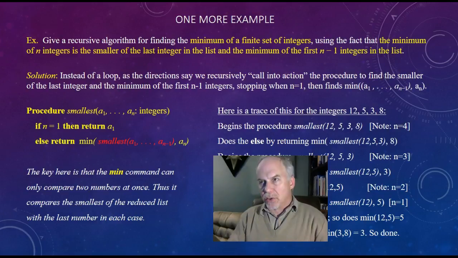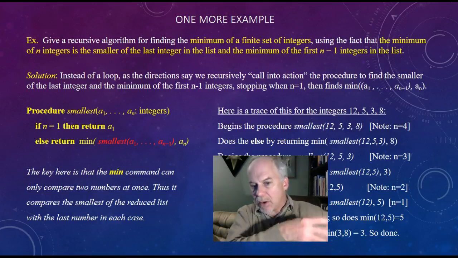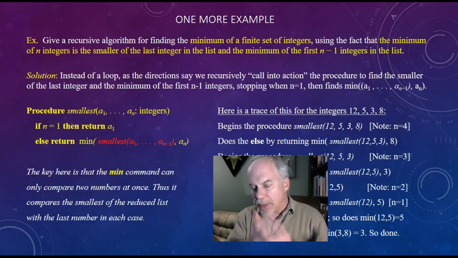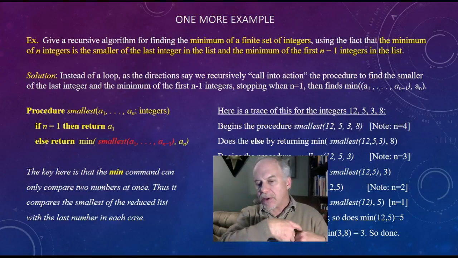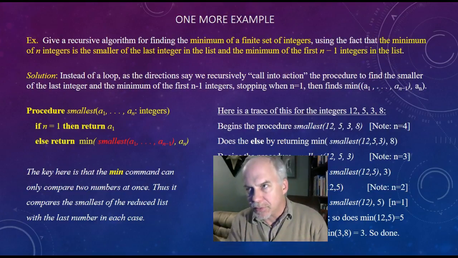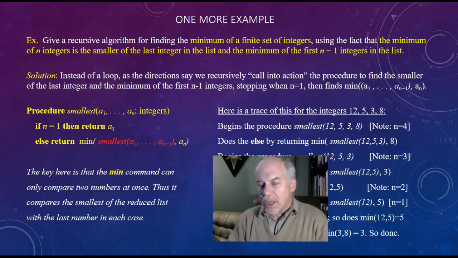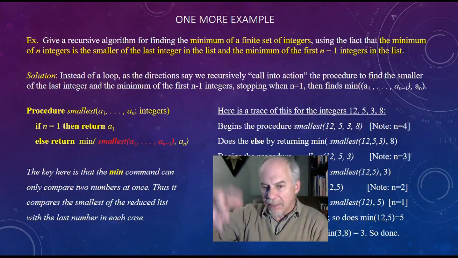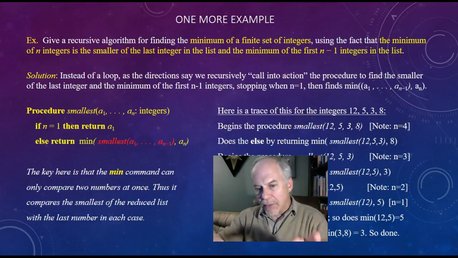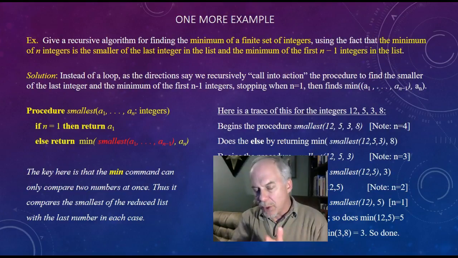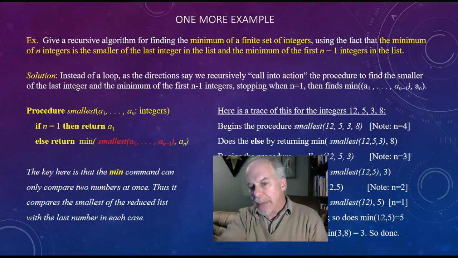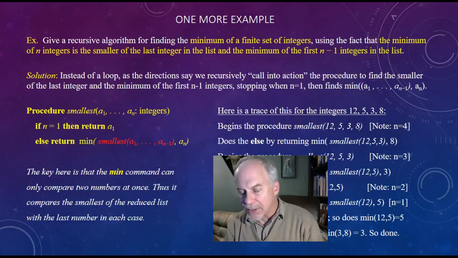Okay, so you could figure out the smallest number on the first day. Well, that would be just that number. Figure it out on the second day. Well, that would just be the smaller of those two. And then when that third day comes along, now you take whatever the smallest is of all the ones before it and compare it to the third day's number.